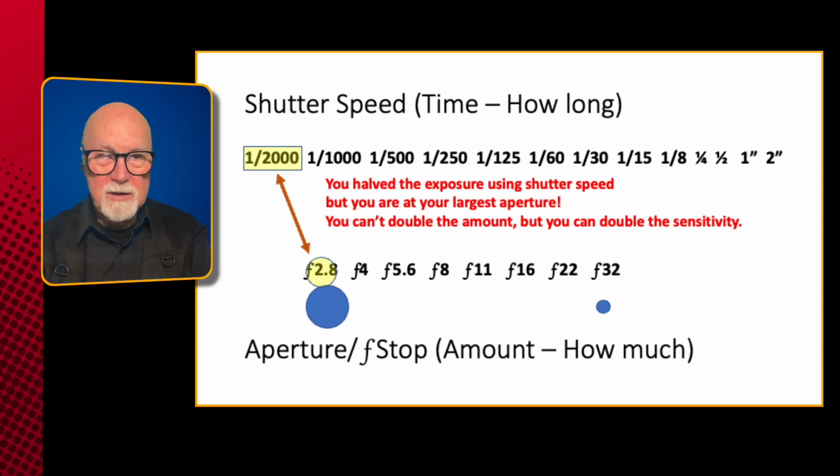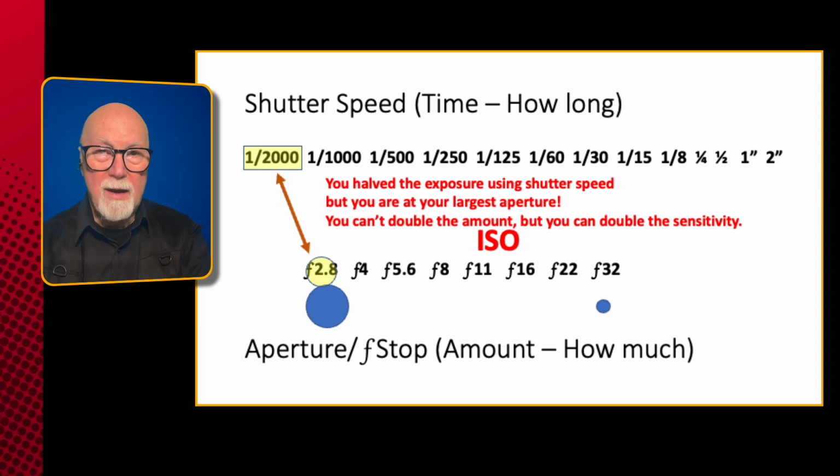If you double the sensitivity, say you're at 100 ISO and you double it, that means now you can go to 2,000th of a second, because you've half the time. Couldn't double the amount, but if you double the sensitivity, it gives you the same results.